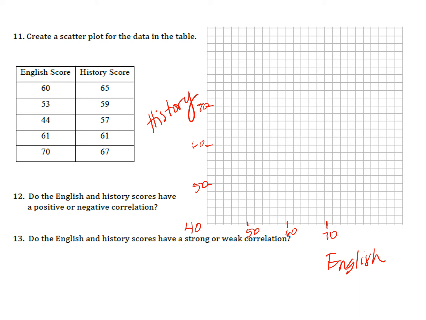So we have 60, 65. So English, if I make a 60 in English, then I should have a 65. So I think that's right. If I have a 53 in English, then I have a 59 in history.